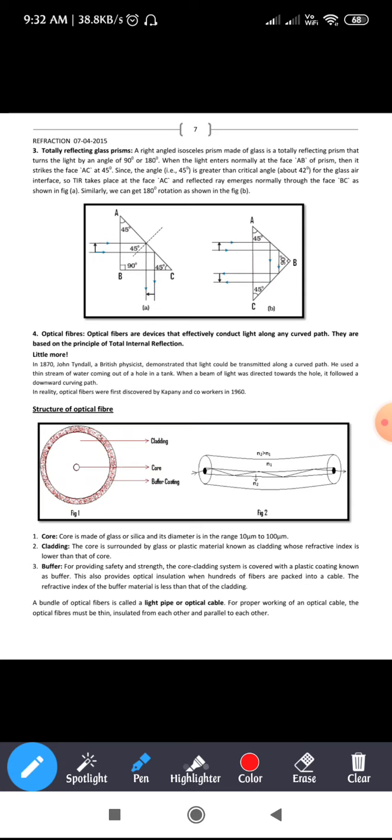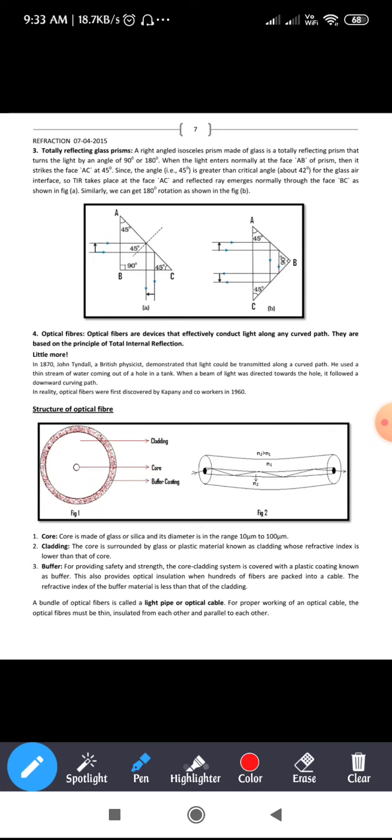The refractive index of the buffer material is less than that of the cladding. As you know, the refractive index of the cladding is lesser than that of the core, and similarly the refractive index of the buffer is lesser than that of the cladding.